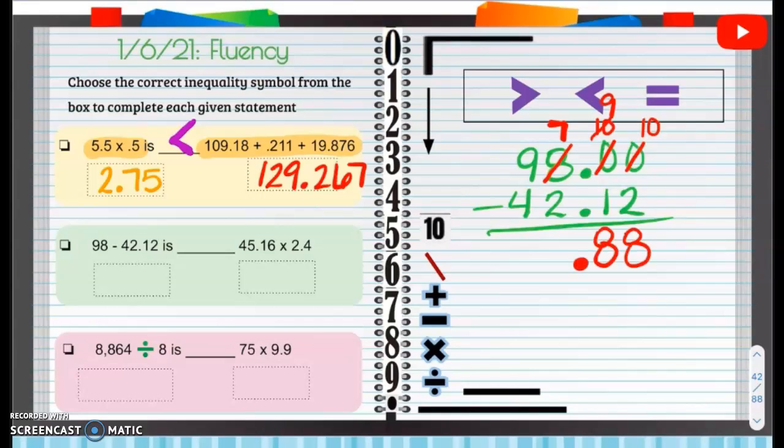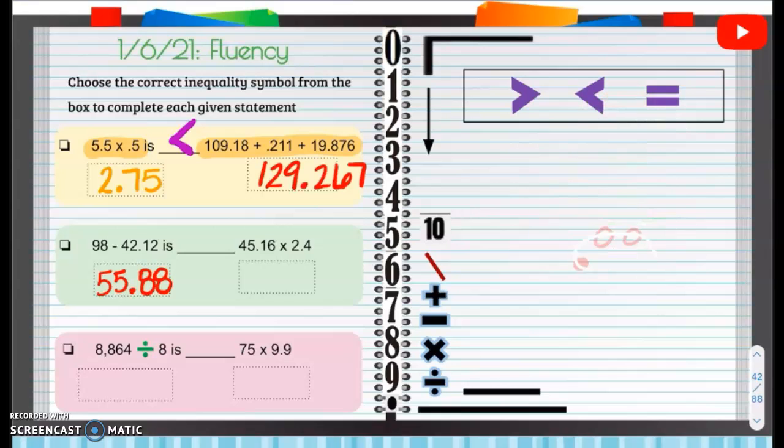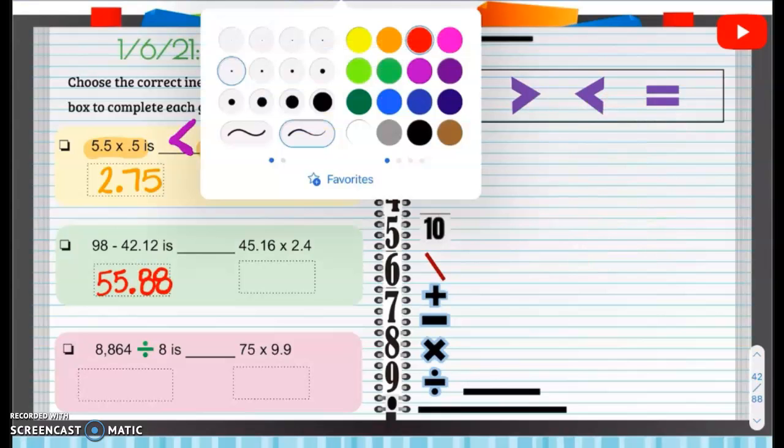Drop that decimal, drop it like it's hot. 7 minus 2 is 5. And 9 minus 4 is also 5. So our answer for this box over here, 55 and 88 hundredths. Perfect.